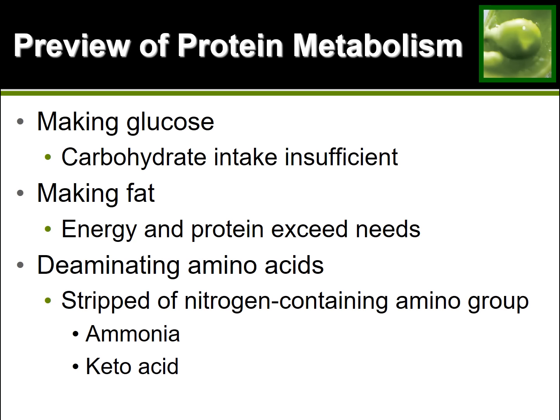But in these situations when we're going to convert protein to either glucose or fat, the first thing that we need to do is take off the nitrogen group. Remember, our carbohydrates and our fats are made of carbon, hydrogen, and oxygen. Protein also includes nitrogen. So if we're going to convert protein to carbohydrates or fat, then that means we need to remove the nitrogen first because they don't contain nitrogen in them.